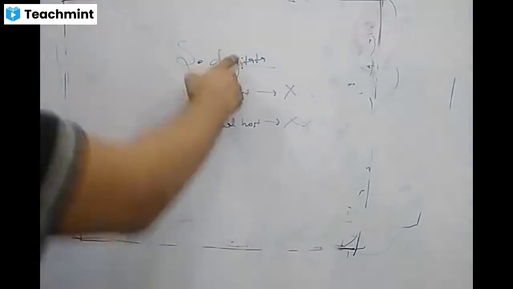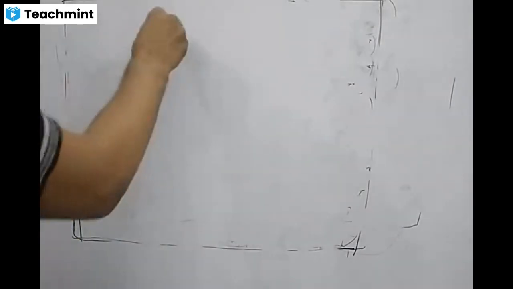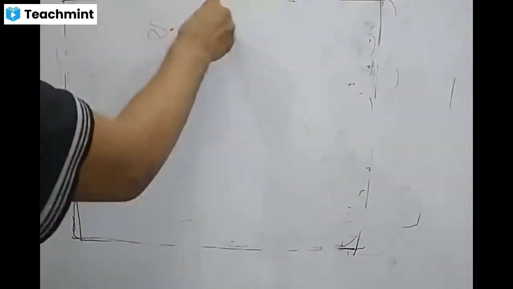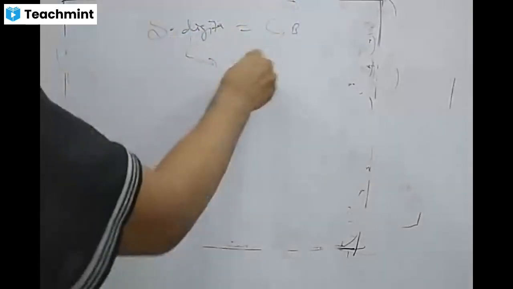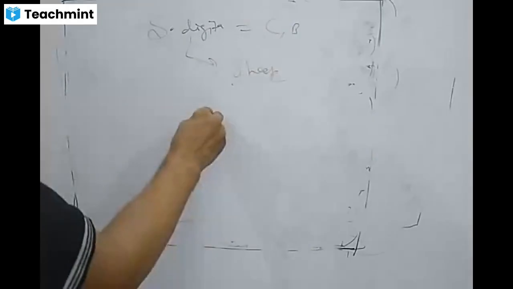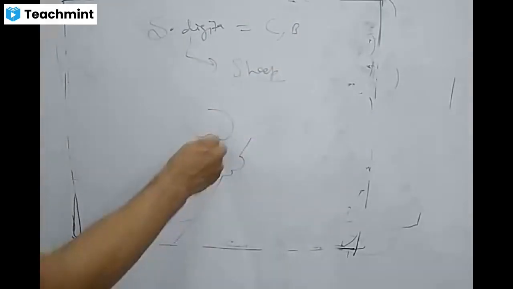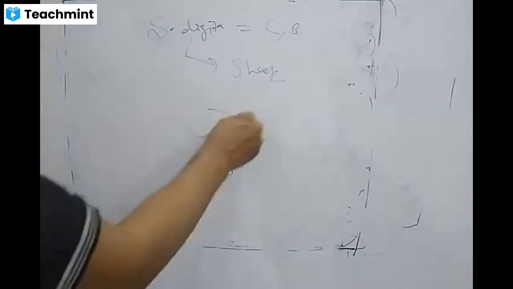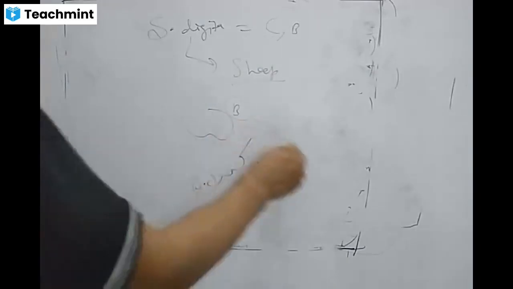Suppose this larva, Setaria digitata, the usual host is cattle and buffalo. If it enters into sheep, then it will migrate and enter into the brain and spinal cord.